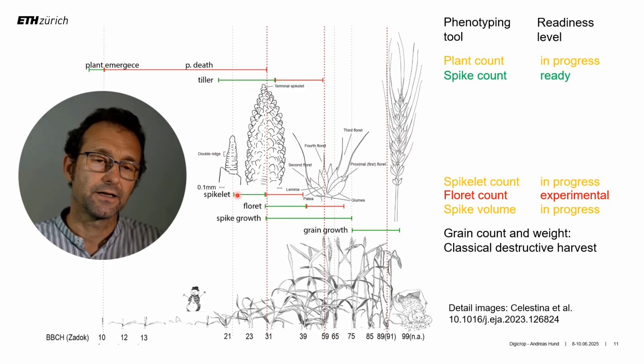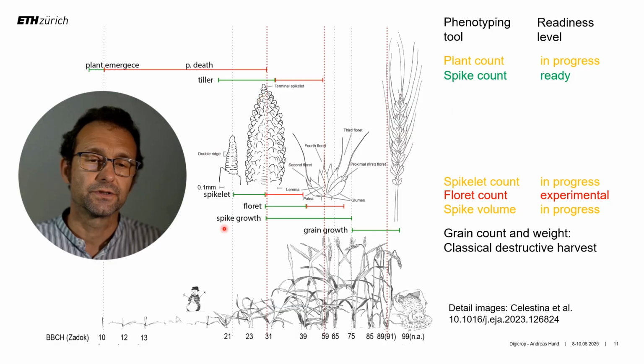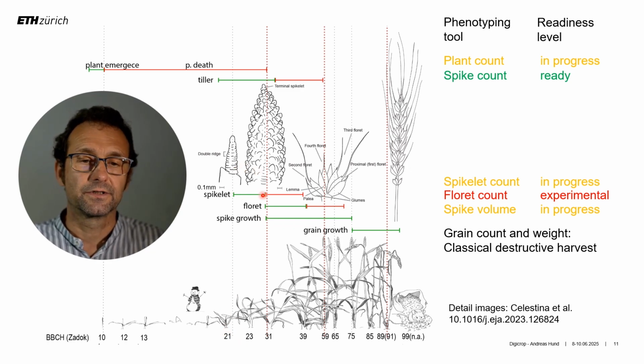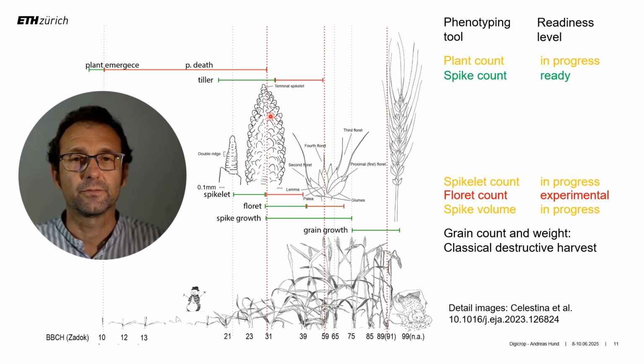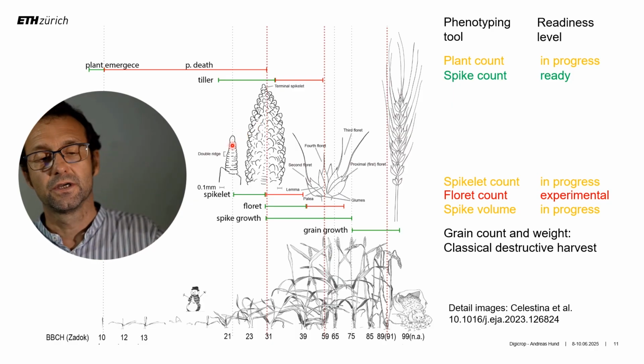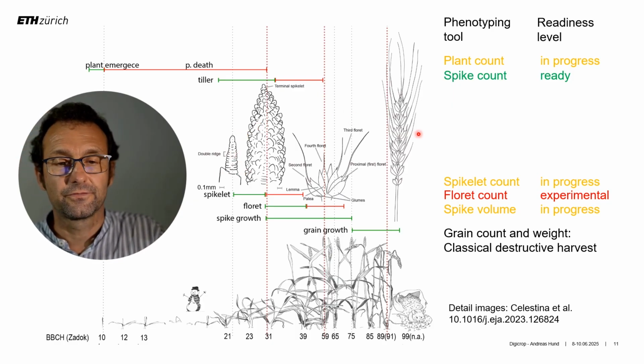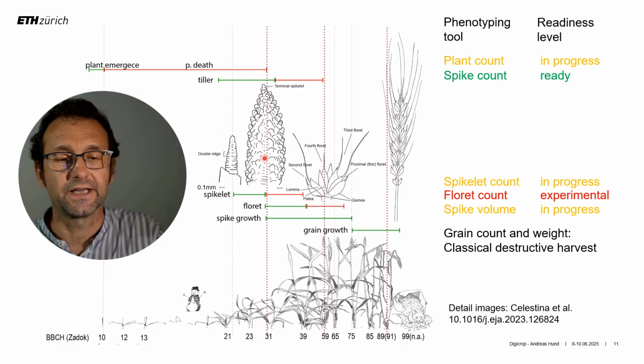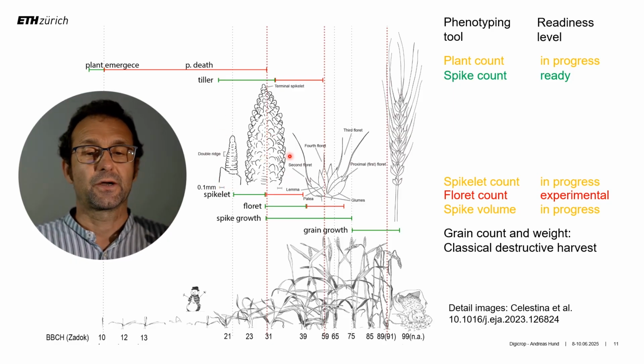And then we have this feature, which is particularly important. It starts at the stage of tillering, which is 21, and it goes roughly until start of stem elongation. And in this stage, the flower is formed. That means the different spikelets within this structure, and this is really a small, few submillimeter scale structure, which is forming the spike.